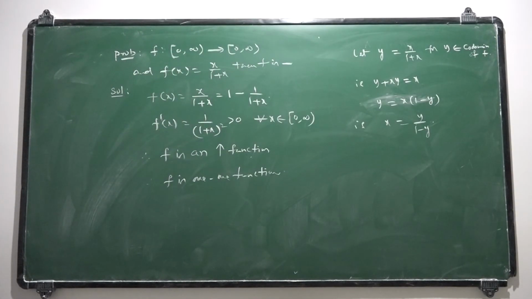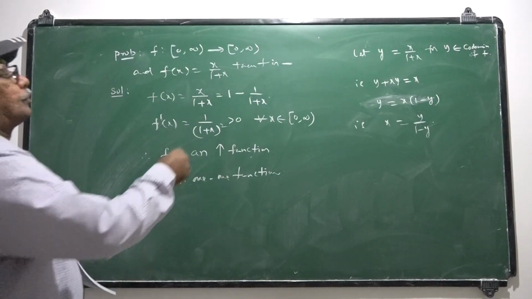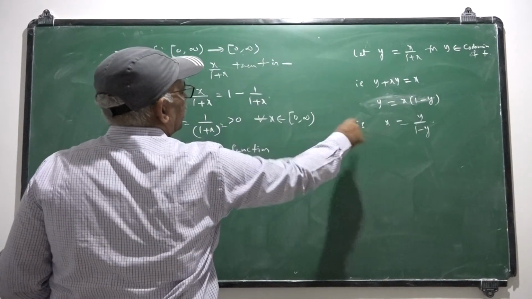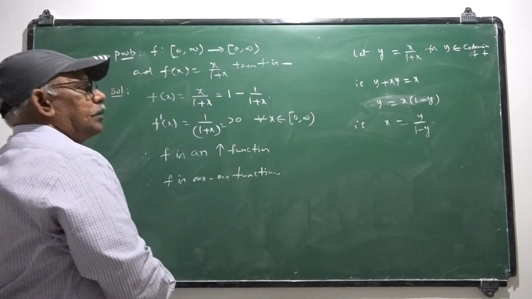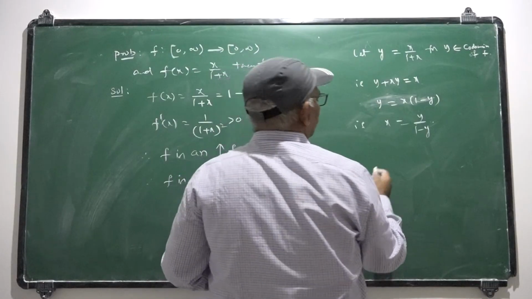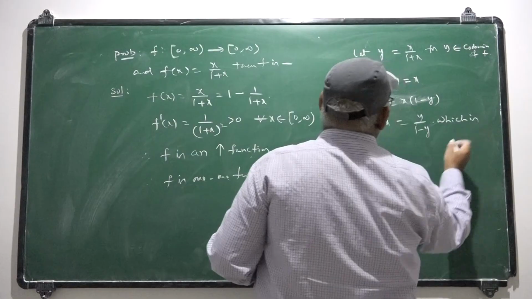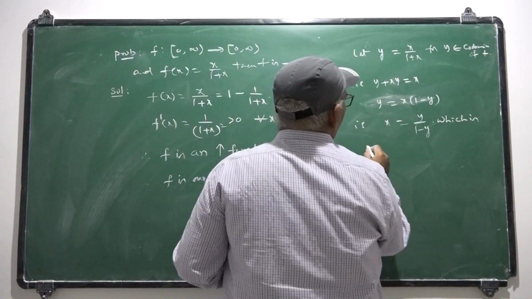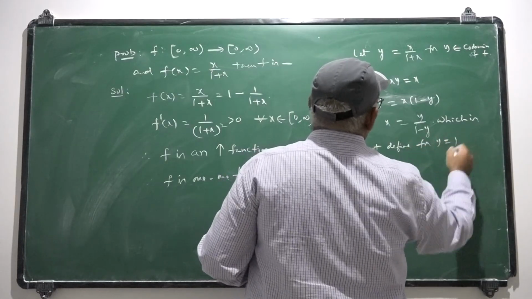y is not equal to 1, of course. Y takes the value 1 also, but corresponding to y equal to 1, there is no image in the domain, which is not defined for y equal to 1.